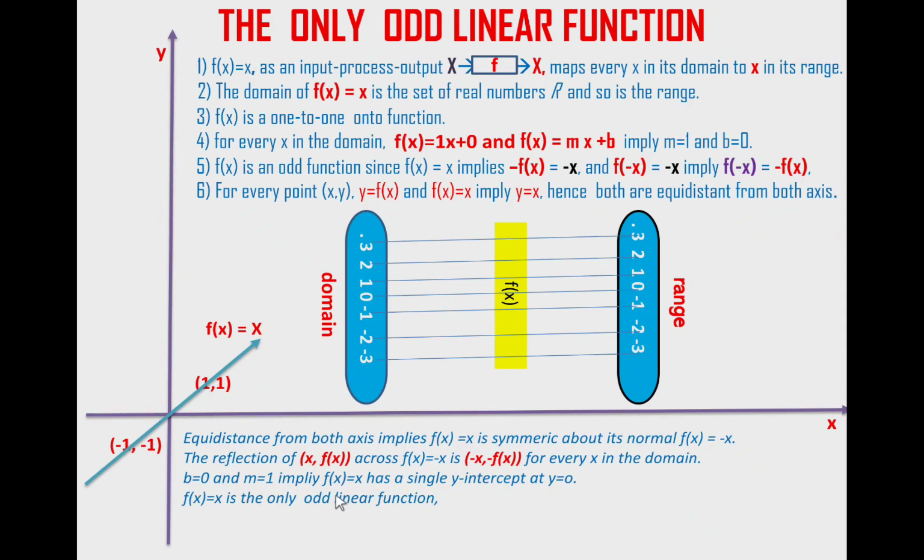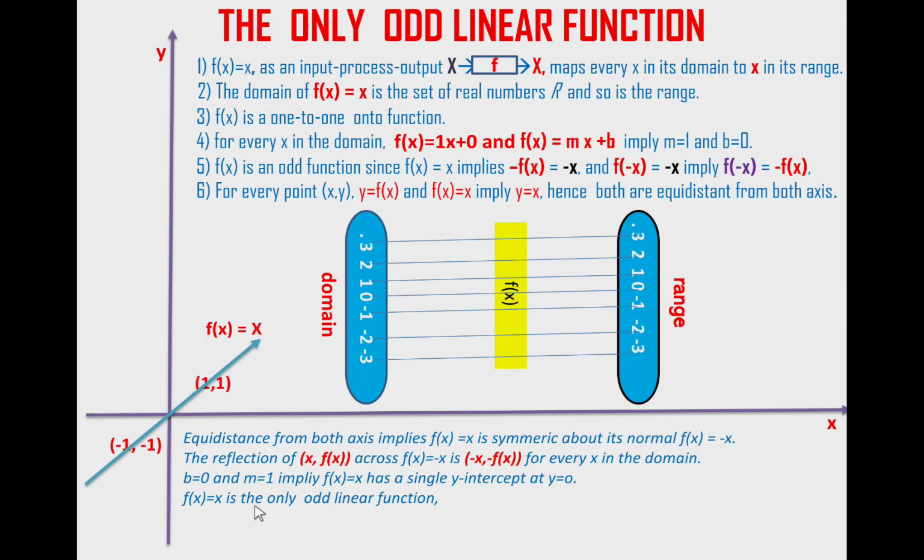The next point is f of x equal to x is the only odd linear function. This is a very important observation. Maybe somebody has already talked about that one.